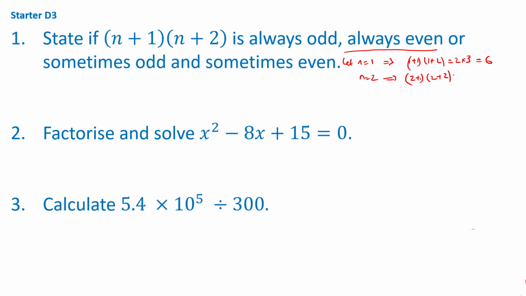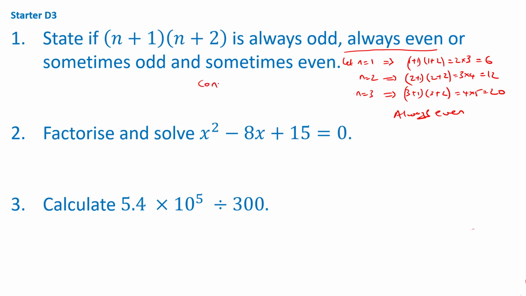So 3 times 4, 12, and let n equal 3. That means we've got 3 plus 1 and 3 plus 2. So it'll be 4 times 5, which is 20. So always even.